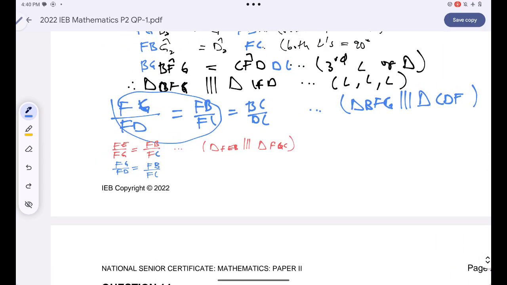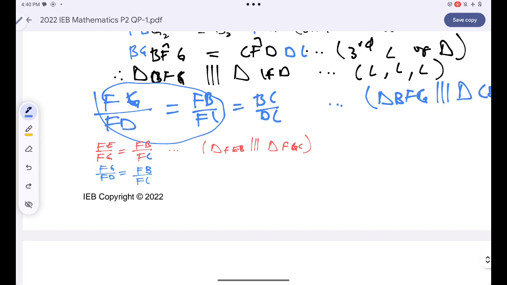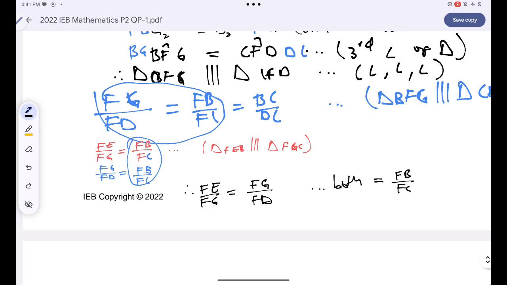Coincidentally, these will be equal to that, because both of them are equal to the same ratio, which is FB over FC. So I can simply say, therefore, FE over FG is just equal to FG over FD. Both of these two ratios are equal to FB over FC.